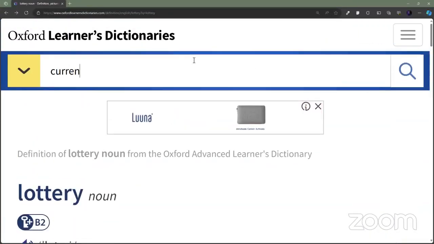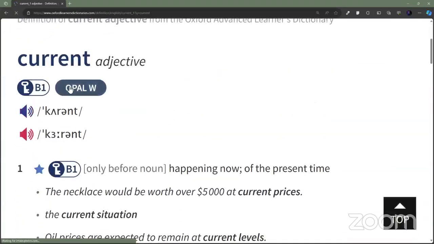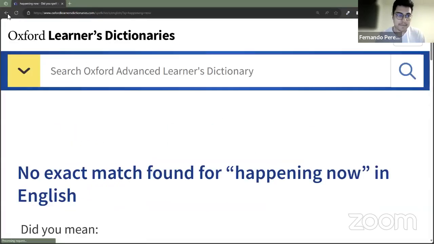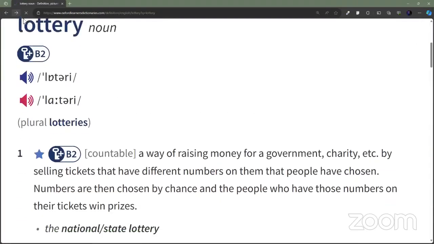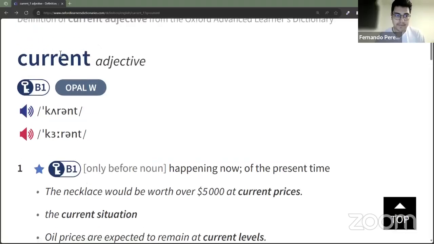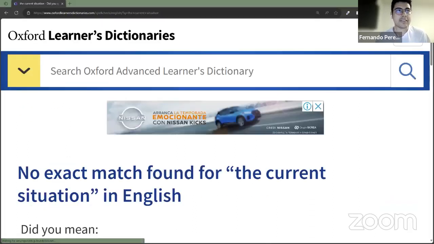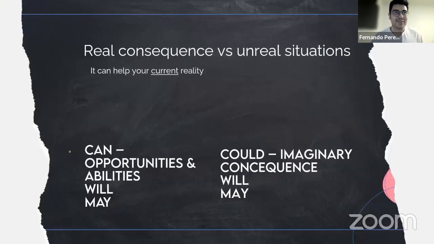Current. B1. Happening now, at the present time. You see, current is of the present time. The current situation is the present situation, in this moment. Got it? And that will be the contrast to unreal.